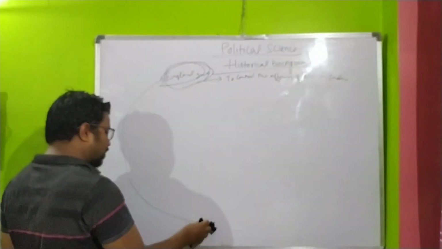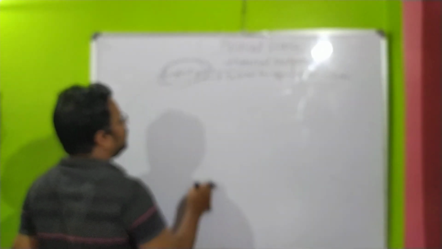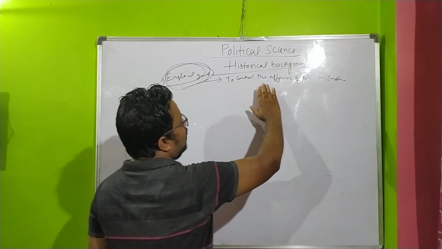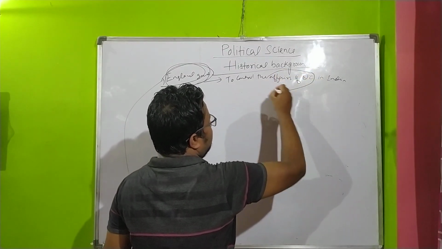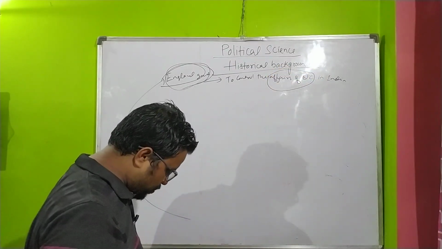When the company's loss occurred, they went back to England and asked for help. Then the England government became very angry, and as a retaliation, they tried to control the affairs of the East India Company in India. Now the question is, how did they control the affairs of the East India Company in India?